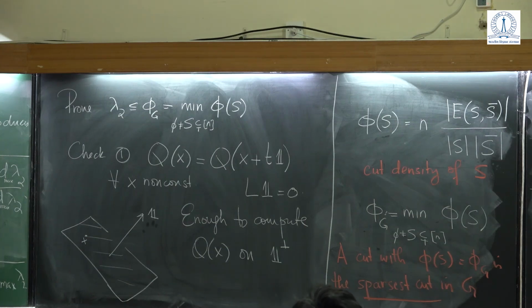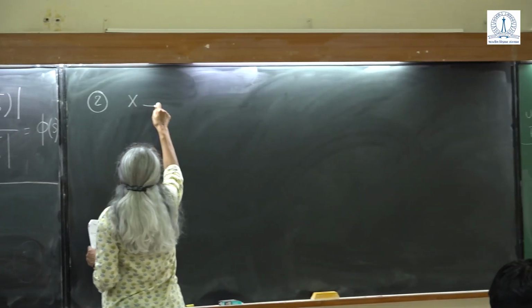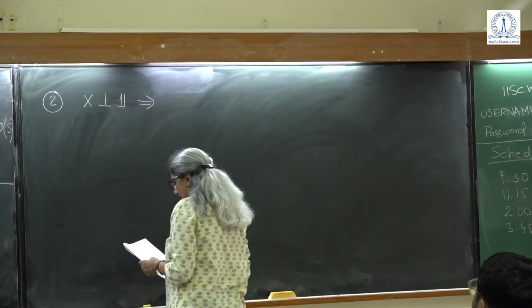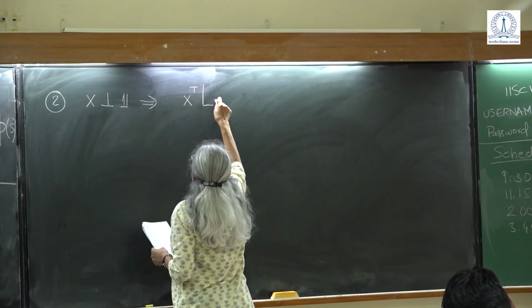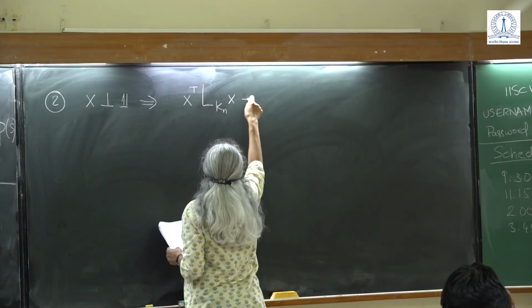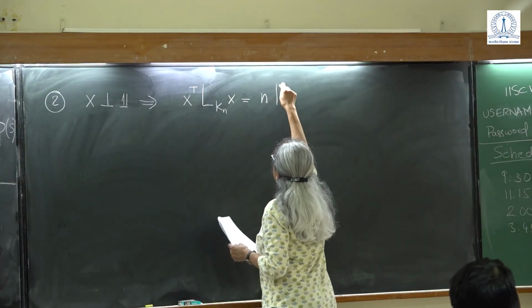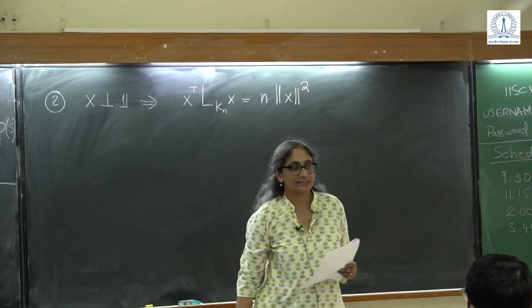So can you check too that if x is orthogonal to 1, okay, then the denominator of the qx function, can you check what this is? So I claim this has to be this. So try that.